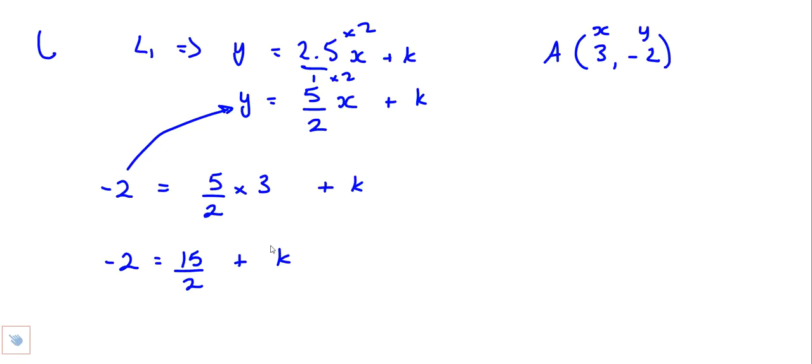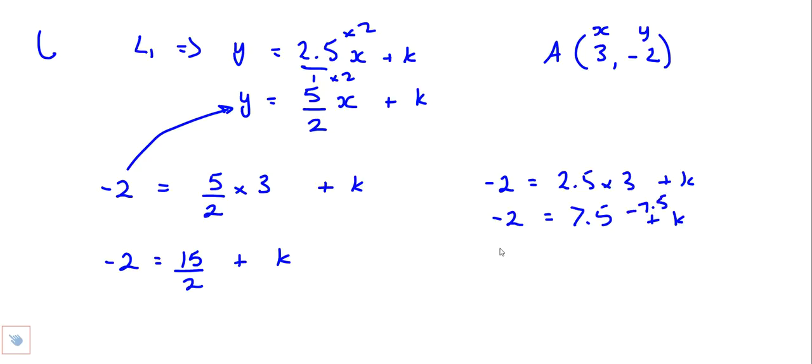Now at this stage, you may actually think it was easier in decimals. If I think of it as -2 is still 2.5 times 3 plus k, that would be -2 is 7.5 plus k. A lot of people got to this stage no problem, but you had to subtract 7.5 from both sides.